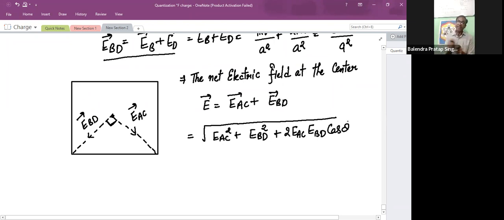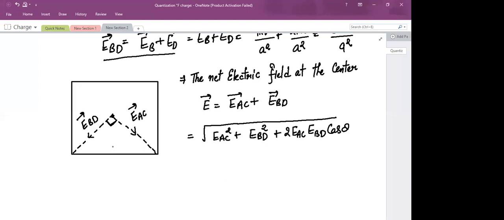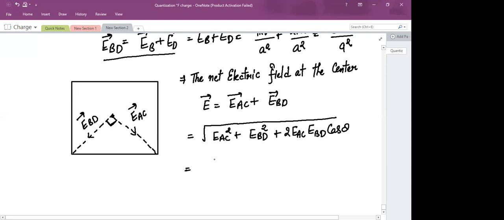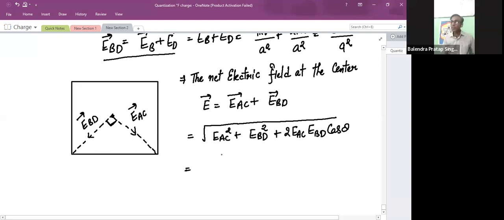And what is the angle here? Saifullah, what is the angle here? 90, exactly. So what is the value of cos pi by 2?